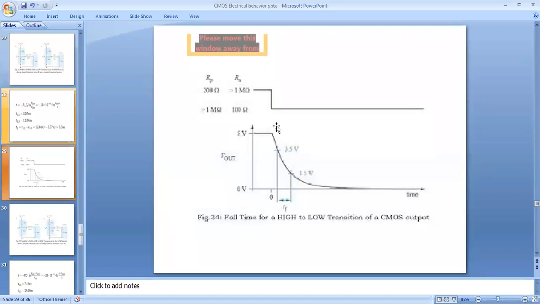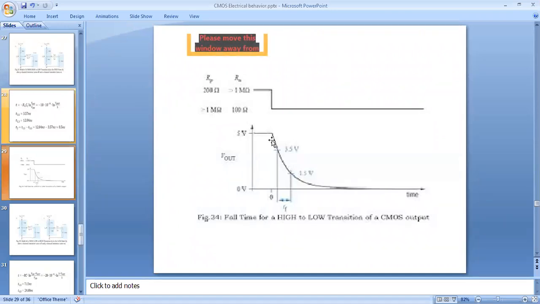Once again you observe, since it is a decaying exponential, it is mentioned in PDC as V out equal to VCC into, that is the maximum voltage. Our actual expression is V out equal to V into e power minus t by tau, where small t is a time period and tau is a time constant.